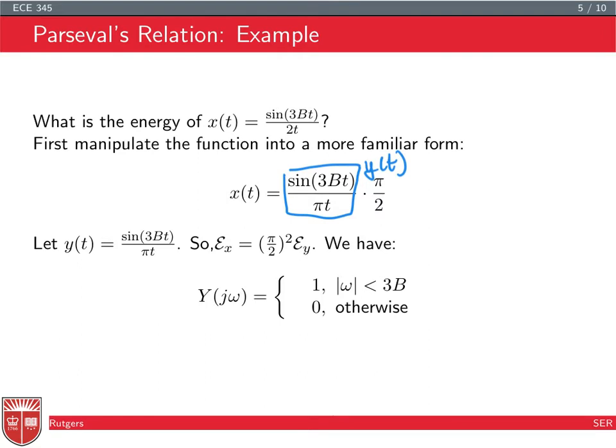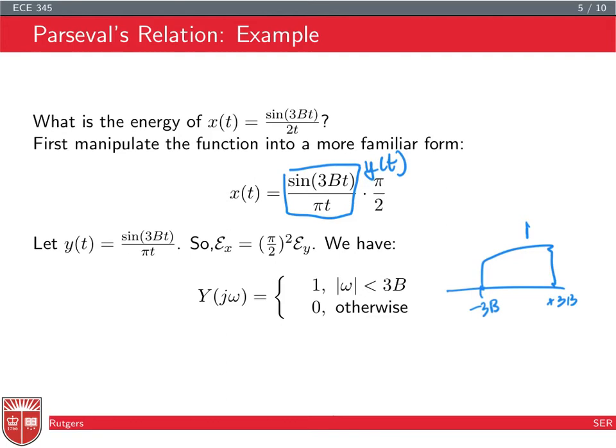And like I said, Y of j omega is the box or the low pass filter. So the bandwidth here is 3b, so I have minus 3b and plus 3b, and the amplitude is 1.